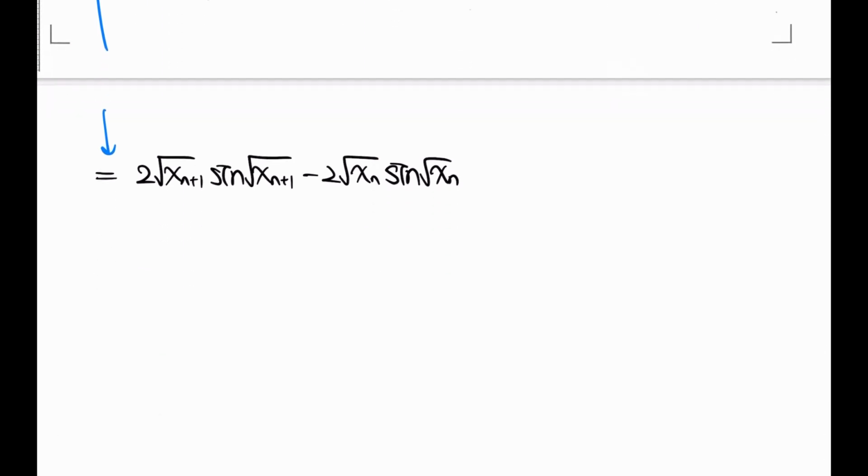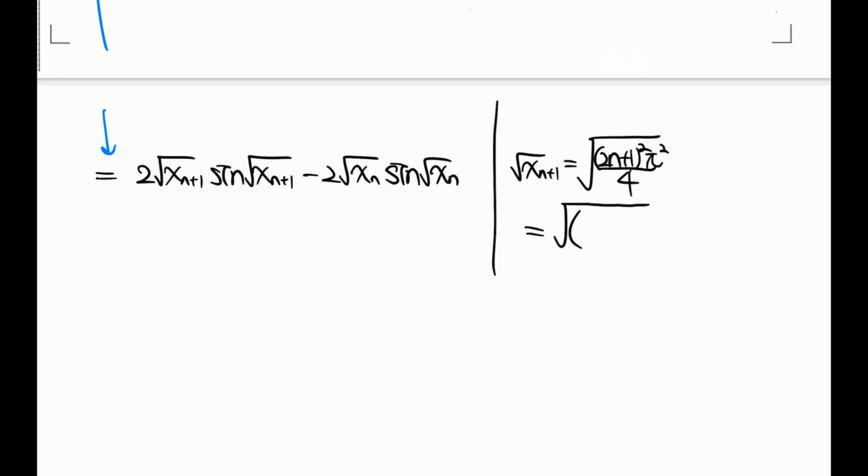Now let's compute the square root of xn plus 1, and similarly, the square root of xn. So let me do this on the right. The square root of xn plus 1 is just equal to the square root of 2n plus 1 squared pi squared over 4. And this can be written as the square root of 2n plus 1 pi over 2 squared.